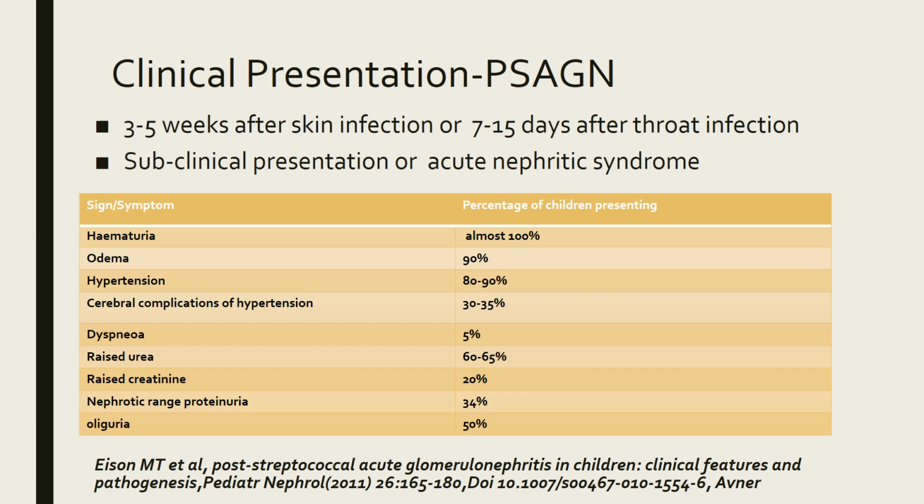Some of those did not present with the other features of the nephrotic syndrome. Only about 5 to 10% of patients have the full-blown nephrotic syndrome as well. And then 50% of patients had oliguria. Note, not anuria, but oliguria, a reduction in urine output.